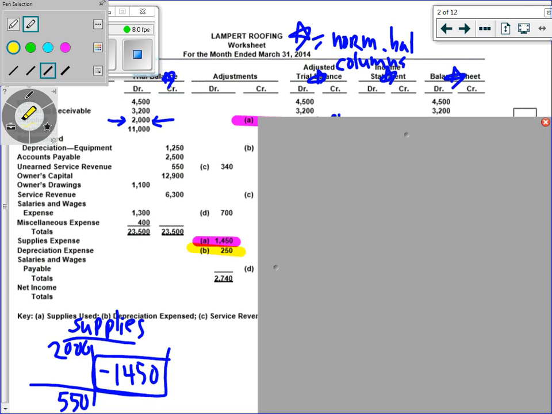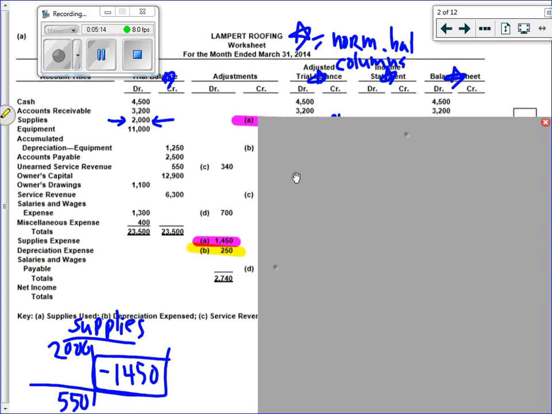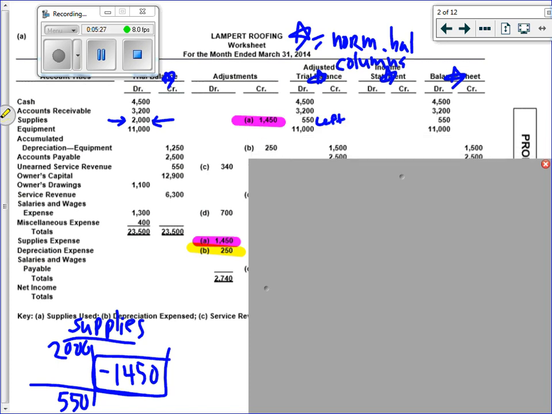Depreciation was $250. The nice part there is they told you the number instead of you having to figure out the number. I see a debit, so what has to be partnered with it? A credit. Where? There you go. Accumulated depreciation has to be the credit.